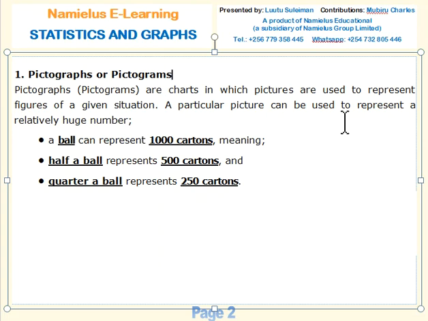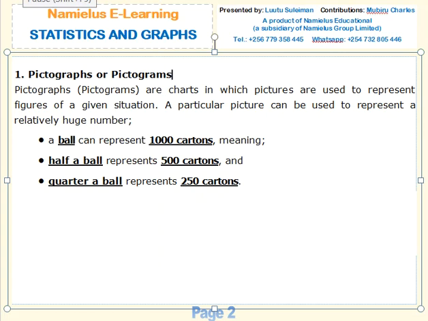For example, we can use a ball to represent 1,000 cartons, meaning half of a ball represents 500 cartons, and then a quarter of a ball will represent 250.